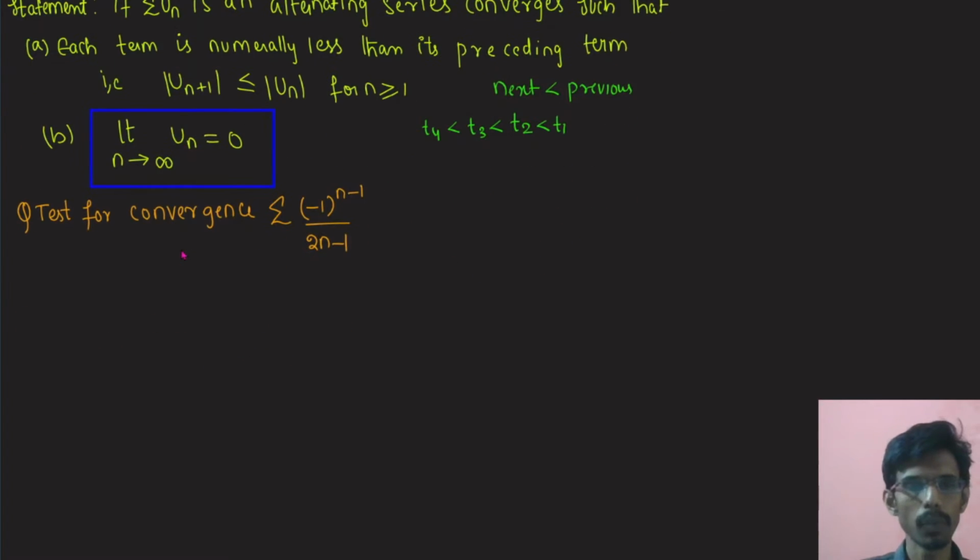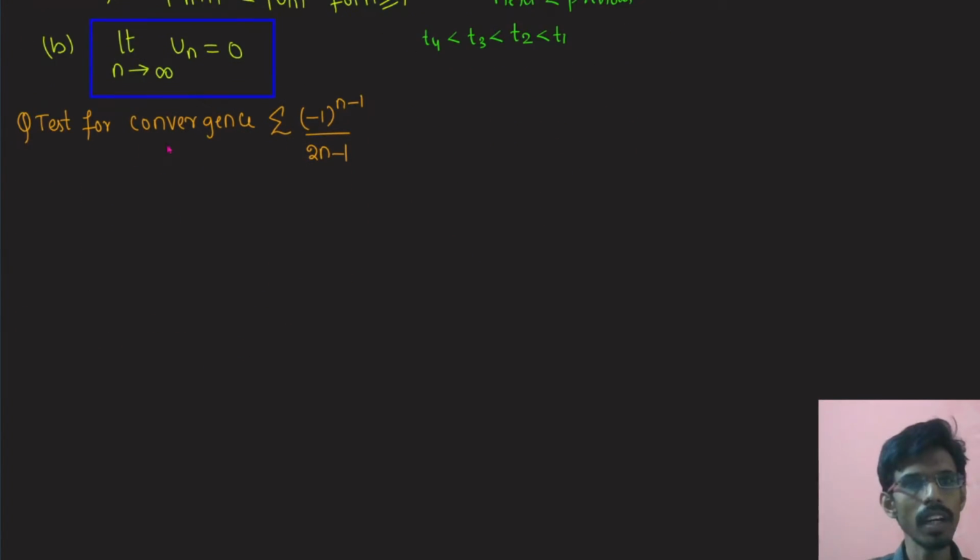So let us see a question based on this. Test for convergence of sigma (-1)^(n-1) 1/(2n-1). Now look here, we have (-1)^(n-1). This indicates the series is alternating.